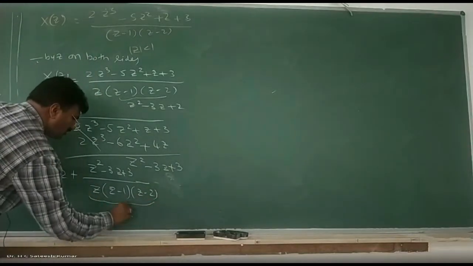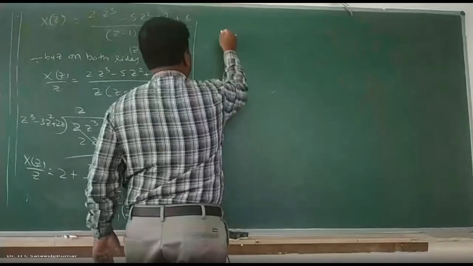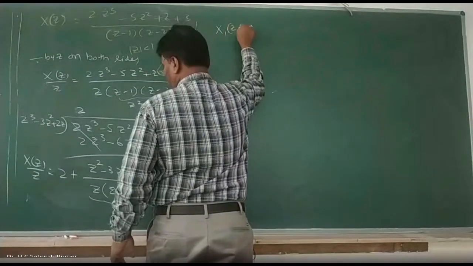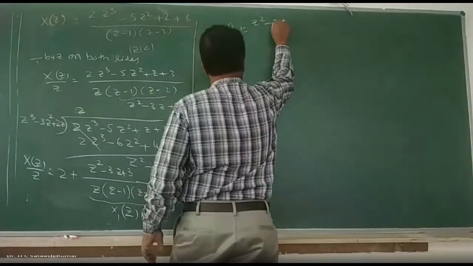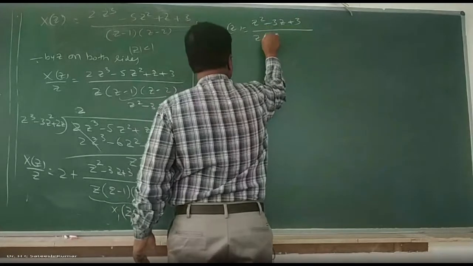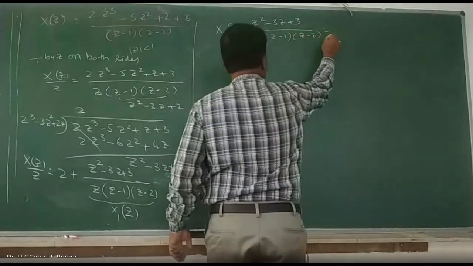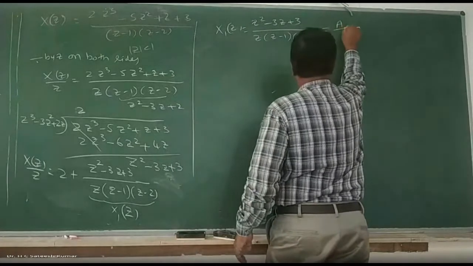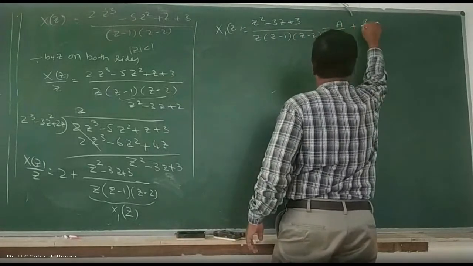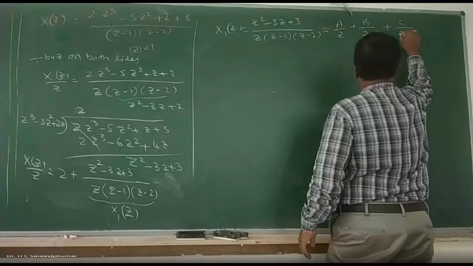X1 of z is equal to (z square minus 3z plus 3) divided by z into (z minus 1) into (z minus 2), which is equal to A by z plus B by z minus 1 plus C divided by z minus 2.